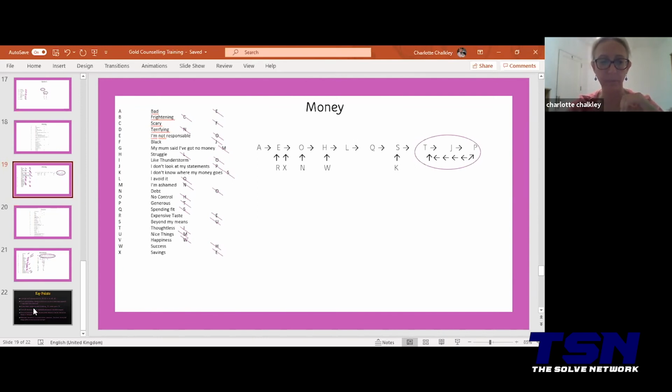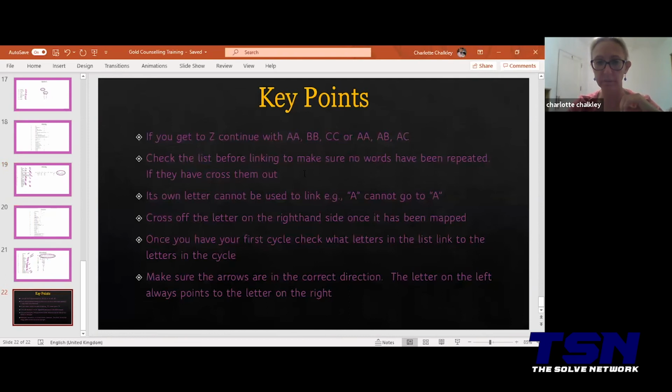Other key points are: check the list before linking to make sure that no words have been repeated. So you might have, under alcohol, angry twice, for example. You can just take one of those out. The own letter cannot be used to link to. So, for example, A can't go to A, but A can go to B and B can go to A. That's fine.